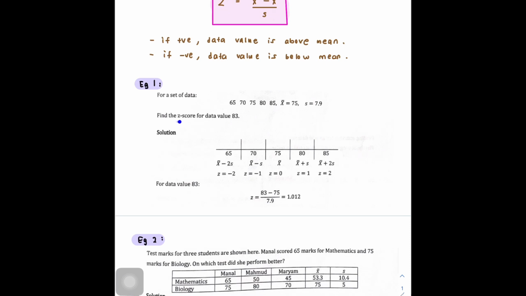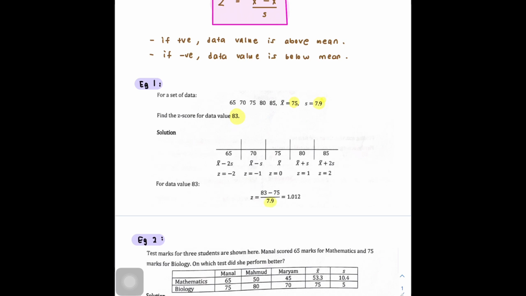Just substitute into the formula, where x is 83, which is what the question wants you to have: 83 minus 75, which is your mean, over 7.9, which is your standard deviation.